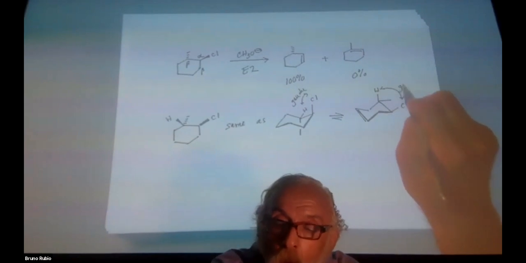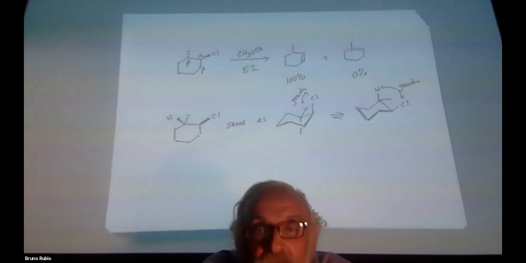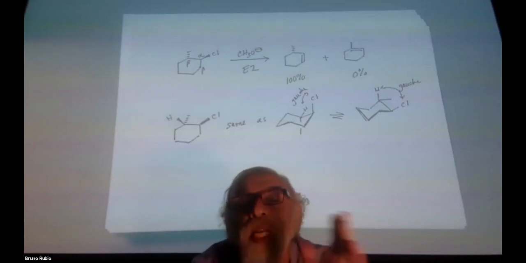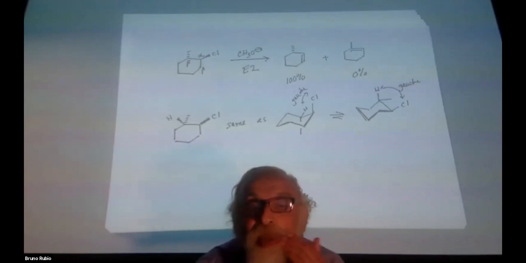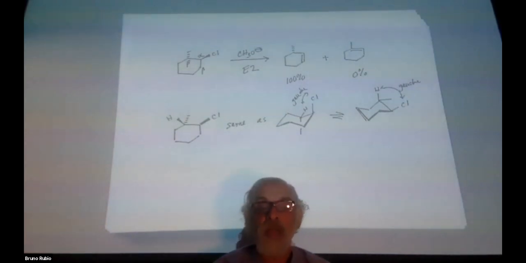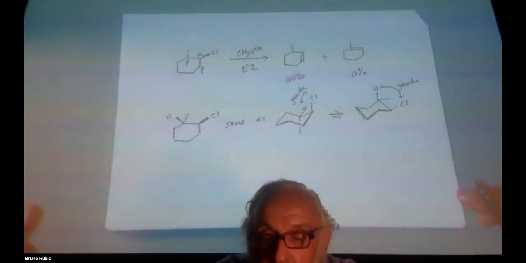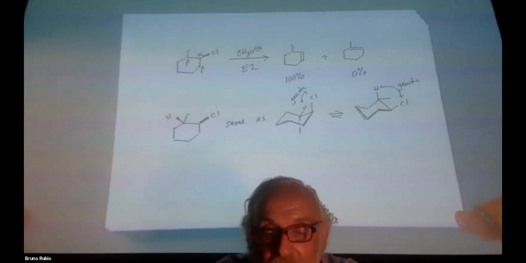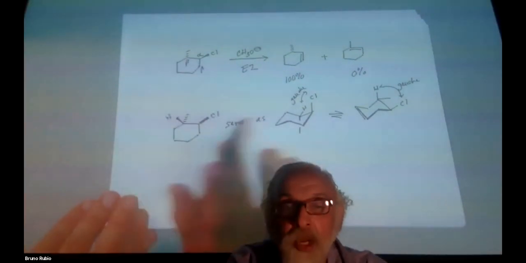These are gauche. So it's not just a matter of slinging that new double bond into the most substituted position. You also have to keep in mind that there's a stereochemical requirement for the E2 elimination, where the leaving group and the beta proton have to be anti. And elimination in this direction back here just can't happen.